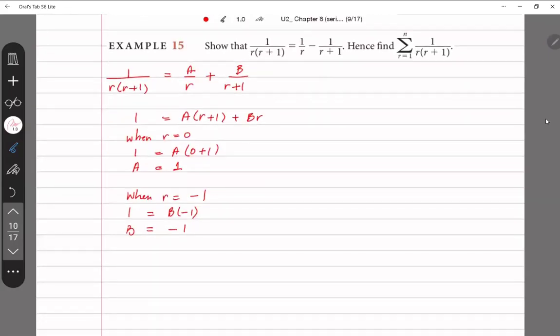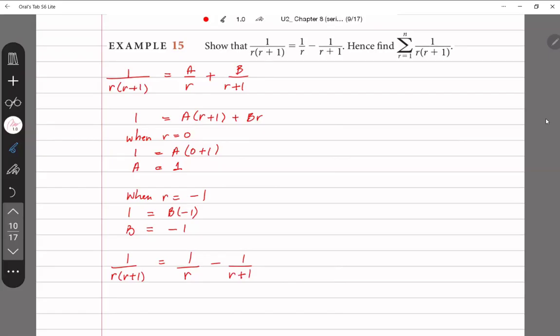Then 1 over r(r+1) would be equal to a over r plus b over r+1, which is 1 over r minus 1 over r+1. So we're asked to show that.